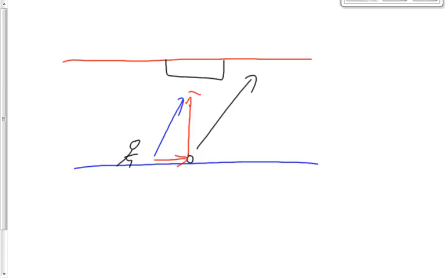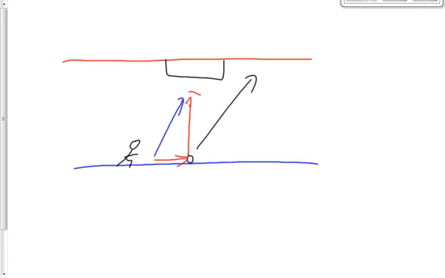So the puck is going to go diagonally as opposed to straight. Basically what we're doing is giving the puck an initial velocity toward the net, but an initial velocity horizontally away from the net as well. And as long as there's no net force acting on that puck, then it's going to keep going diagonally.